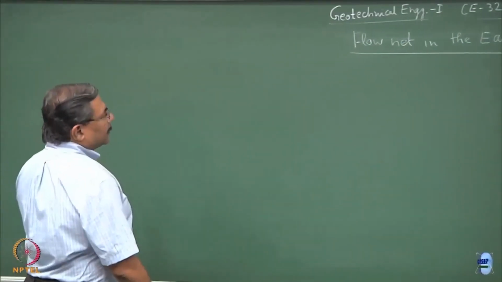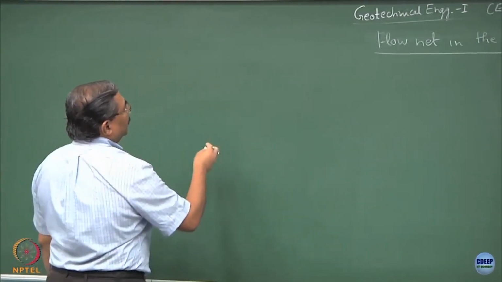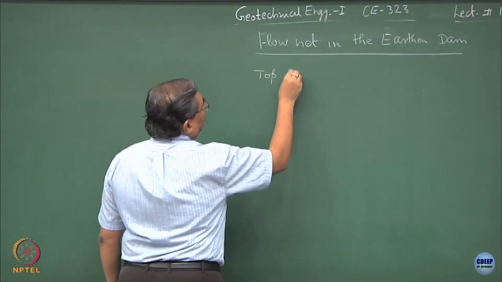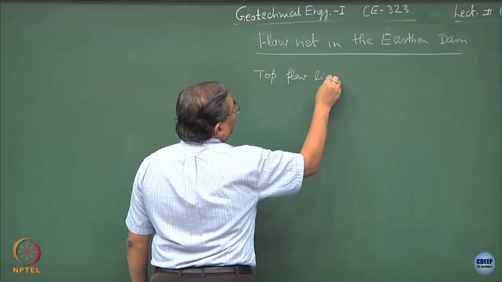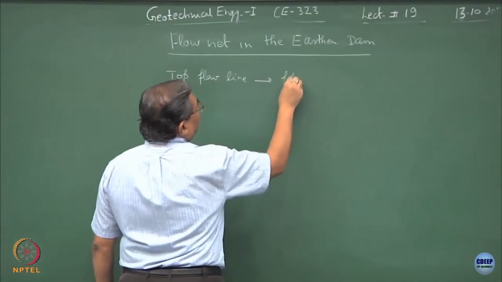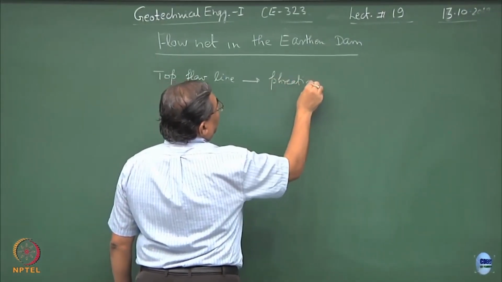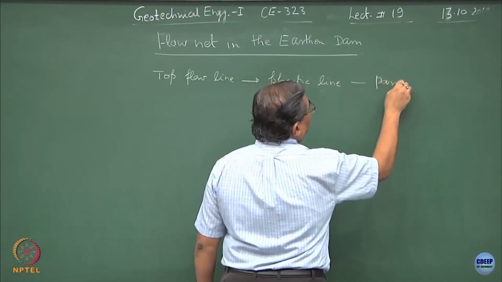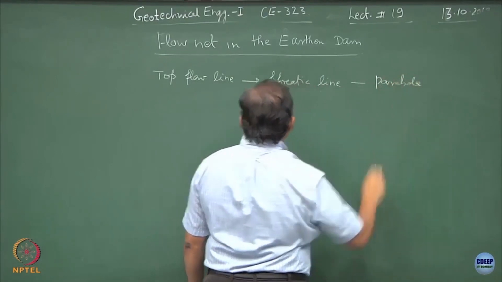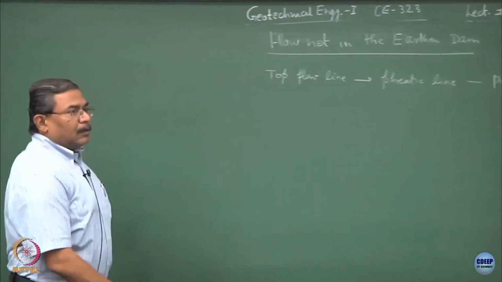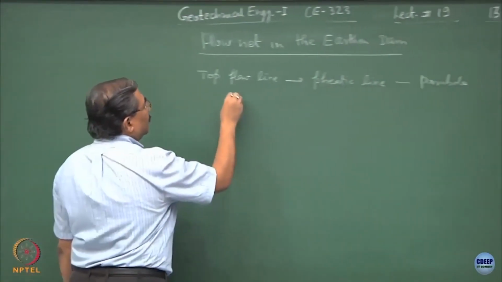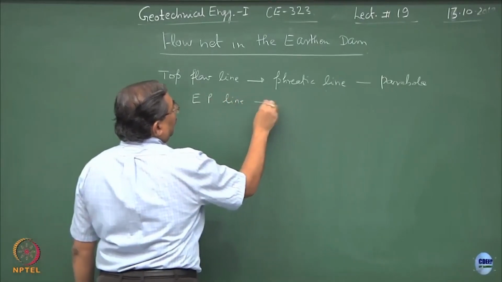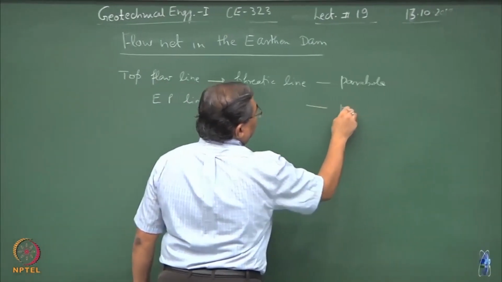So, you must have realized that having proven that the top flow line or the phreatic line is a parabola, and hence the equipotential lines are also going to be a parabola.